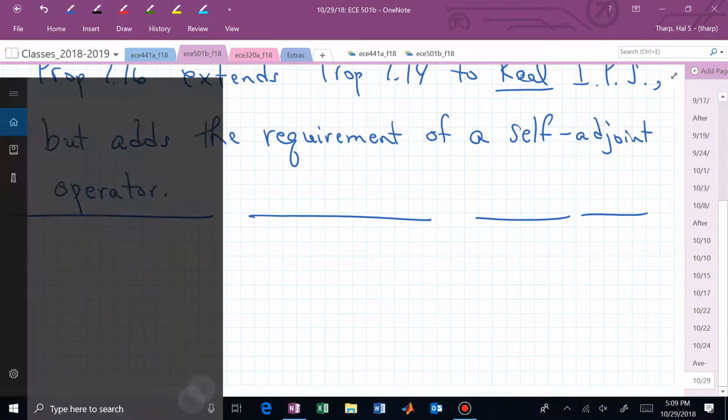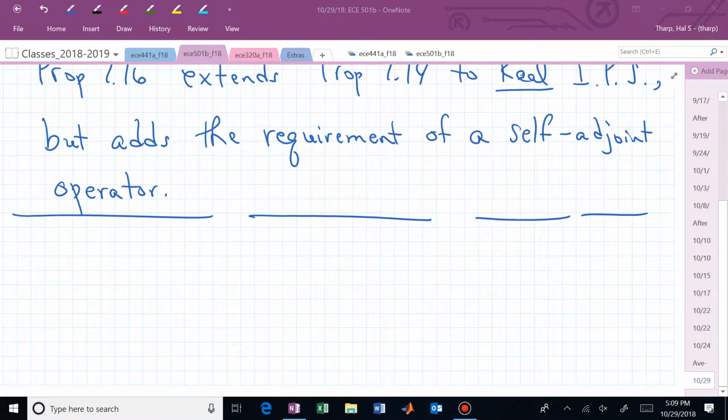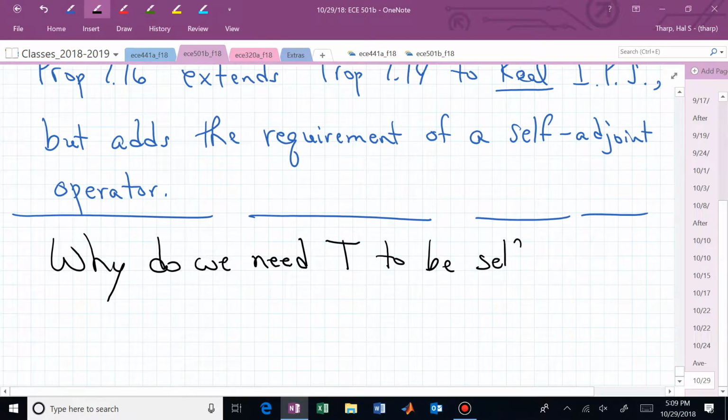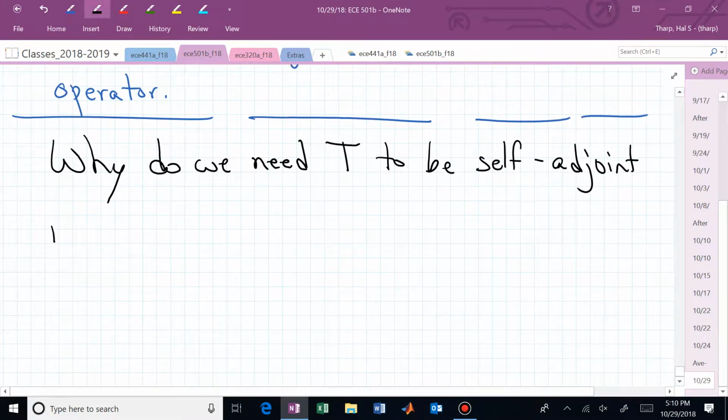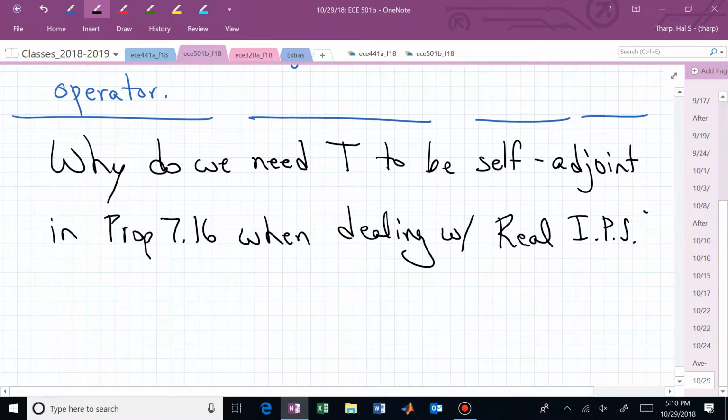So why do we need T, this linear operator, to be self-adjoint in this last proposition, proposition 16, when dealing with RIPS, or real inner product spaces?